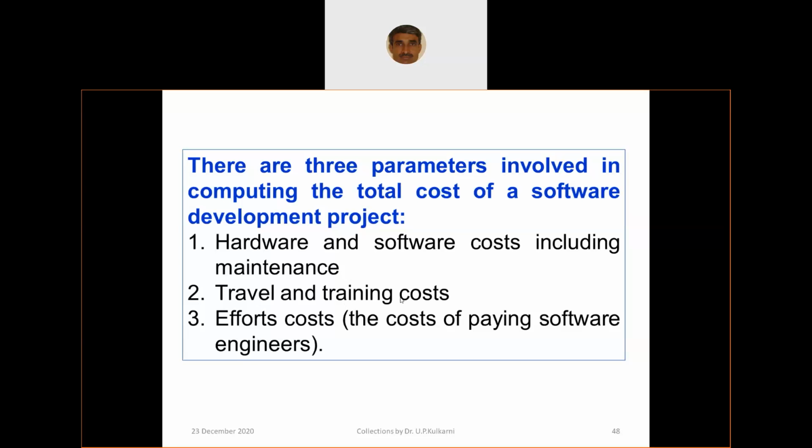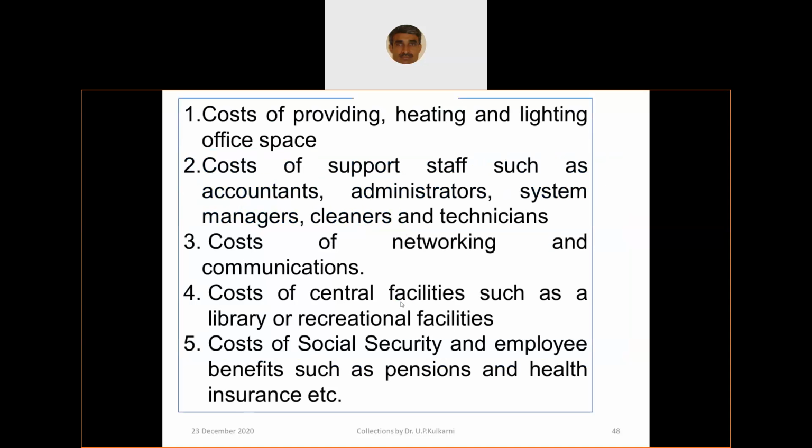So what are the different parameters that affect the cost of a project? We already noted this. Some other things have been added already: heating, lighting, the support staff including cleaners, technicians, administrators, accounts people, cost of networking, library, recreation facility, travel, transport, social security, your ID card, any gift you get from the institution.